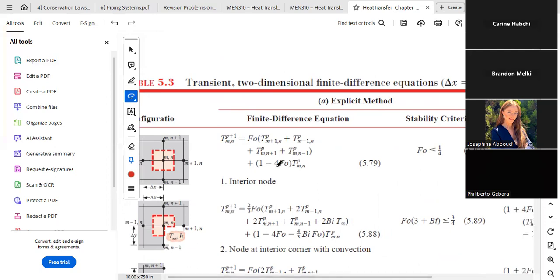So together now we derived for an interior node that is surrounded by 4 adjacent cells the equation of T_(m,n)^(p+1). And we said that the condition to have stability is to have the coefficient of T_(m,n)^p larger than 0. So in this case, for an interior node in 2D, the condition is to have Fourier smaller or equal to 1 over 4.